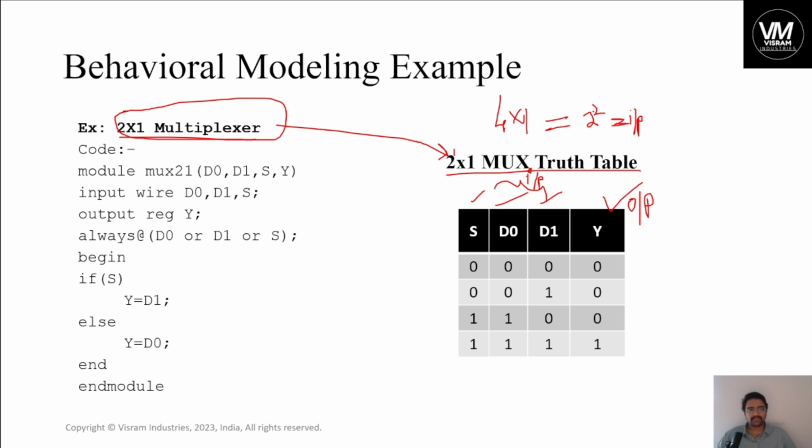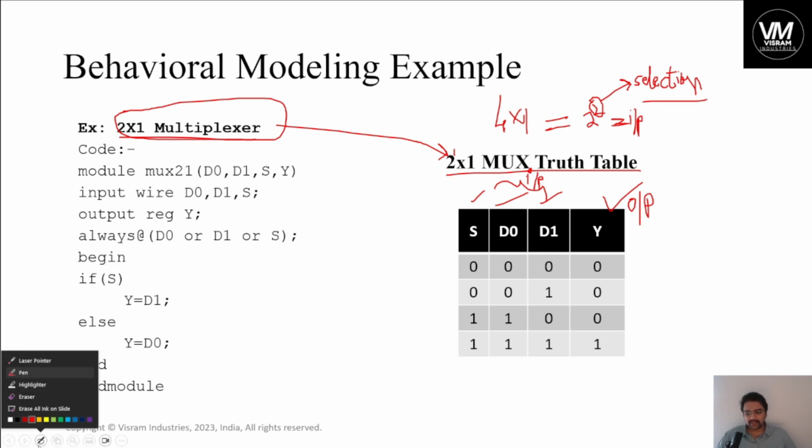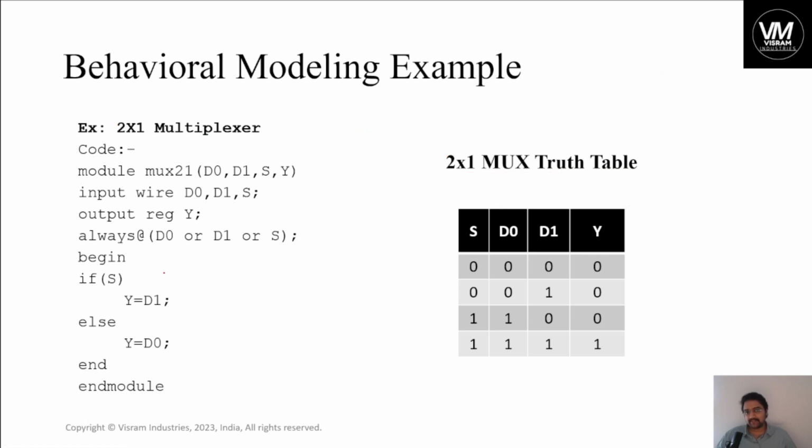Then how many selection inputs do we have? 2 inputs. So these are the selection. Understood? In this way you should get the truth table out of the element that you want to write.